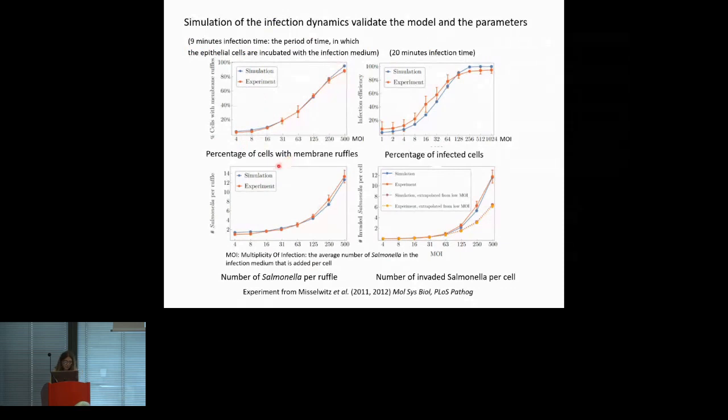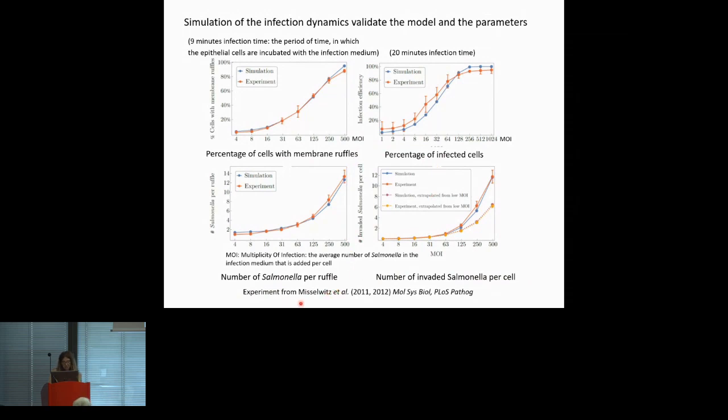And here we consider the percentage of cells with membrane ruffles. Here's the percentage of infected cells, and here's the number of salmonella per ruffle, and here's the number of invaded salmonella per cell. And you see that it fits quite well. So we concluded our parameters are okay, and also the network is okay.